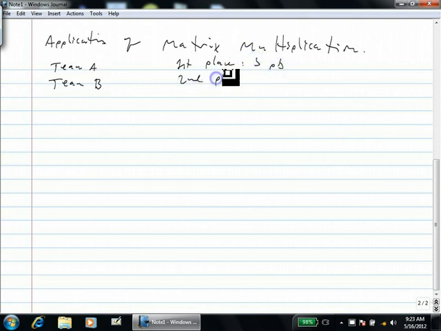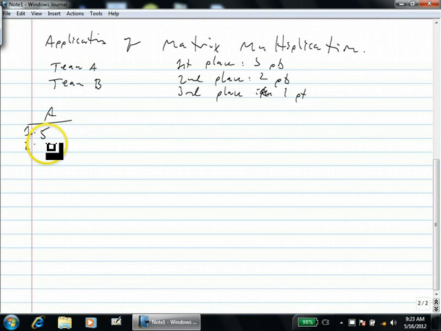For every second place finish, you get 2 points. And for every third place finish, you get 1 point. And here's the situation. Team A has 5 first places, 2 second places, and 2 third places, whereas Team B has 4 first places, 3 second places, and 2 third places.